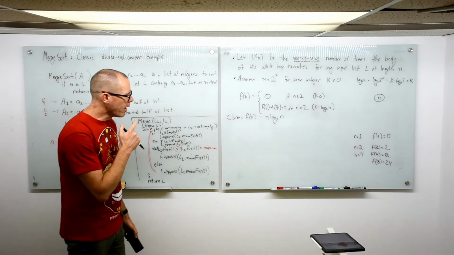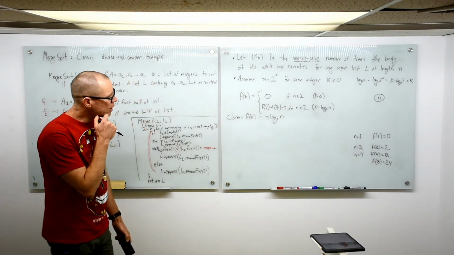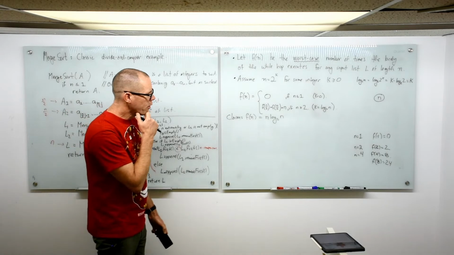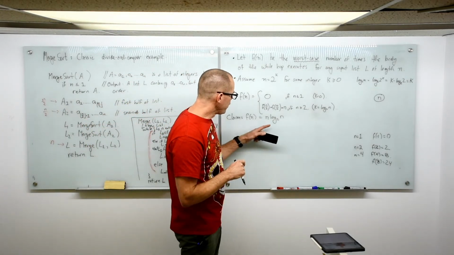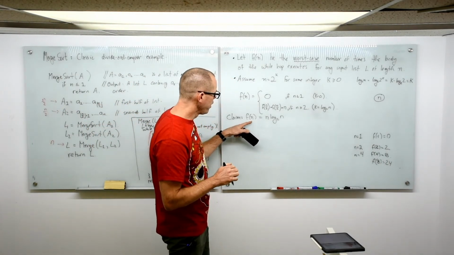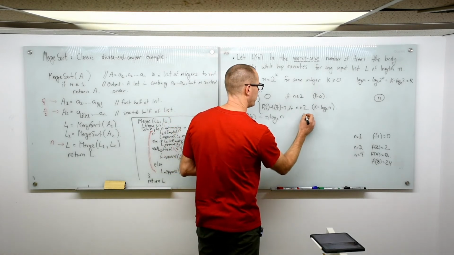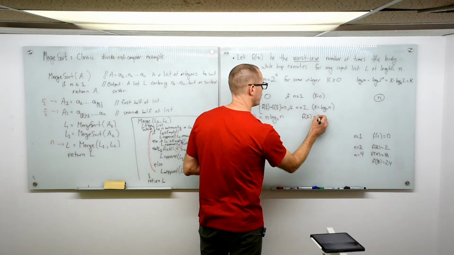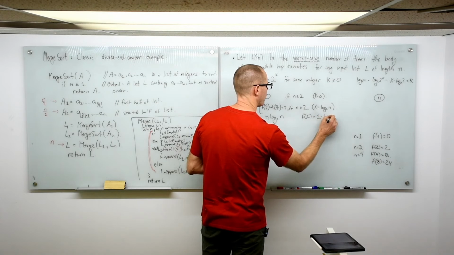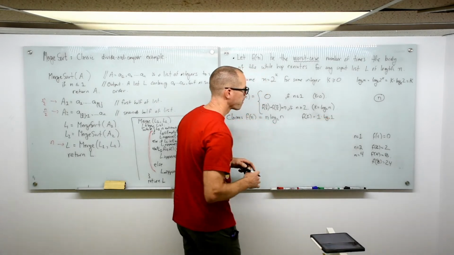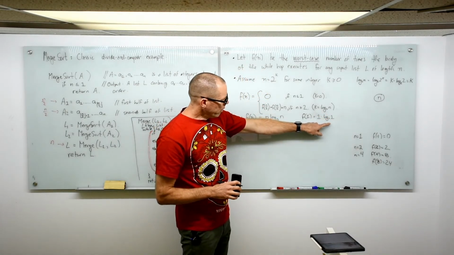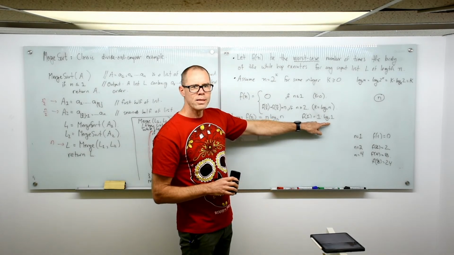So let's think about that. Does that make sense with what we have? If this is true, then f of 1 should be equal to 1 times log base 2 of 1. And the logarithm of 1 is 0.